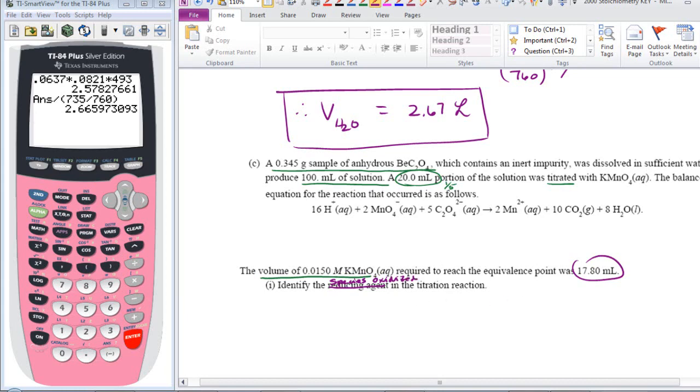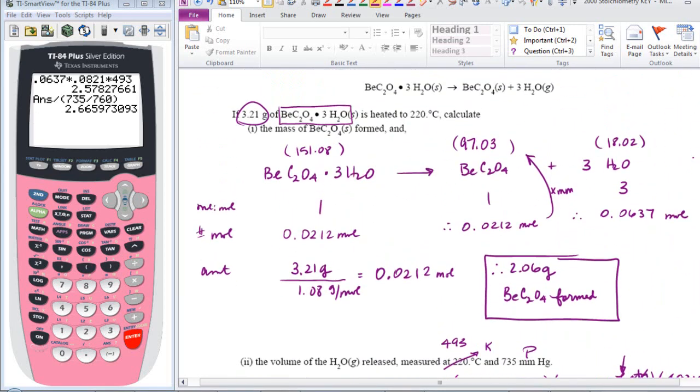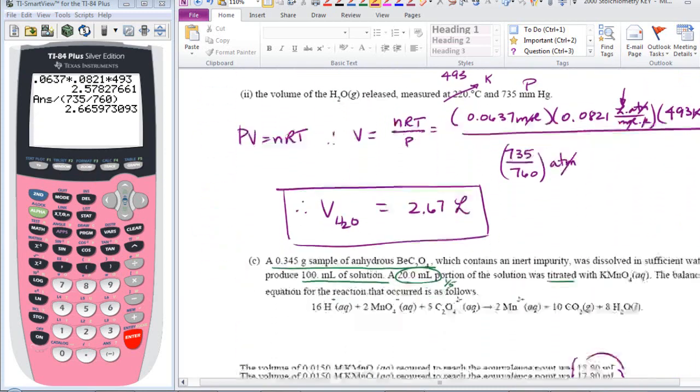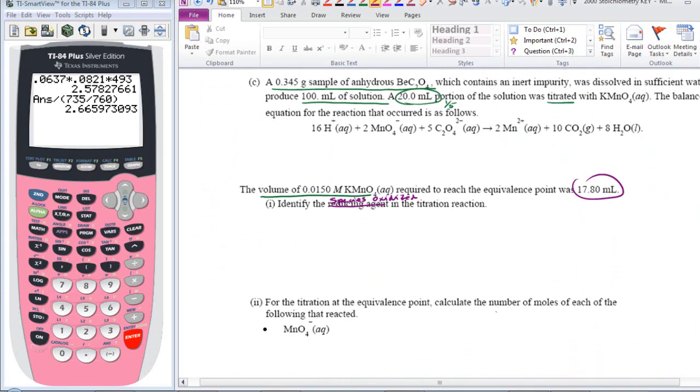In the titration reaction. So let's go back up here to our reaction. Oops, sorry, I went too far. Making you dizzy now. And who is oxidized? That means their oxidation number goes up. Well, H+ can be a candidate, but in this case it is not.